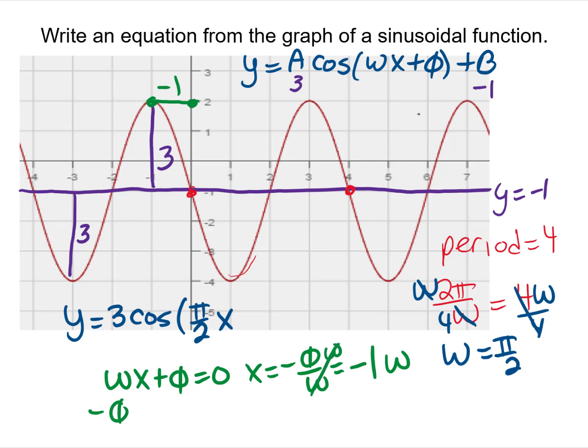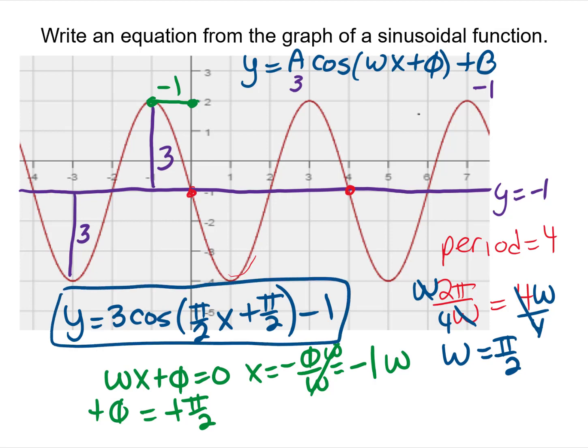Then negative phi would be negative omega, and omega was pi over 2, so phi must be pi over 2. So if we have plus pi over 2, and then we have our -1 on the end, when we set this equal to 0 and solve it, we get that -1 shifting it to the left 1, and that -1 on the end moves it up 1. So there's the equation of what we see graphed.